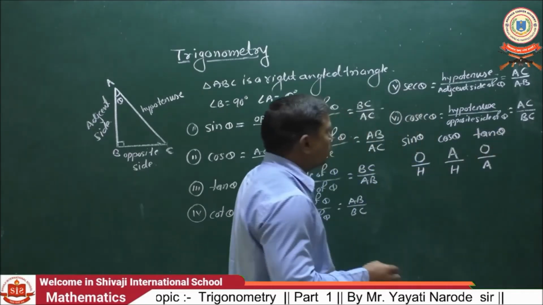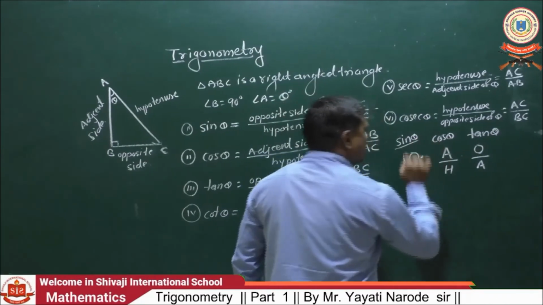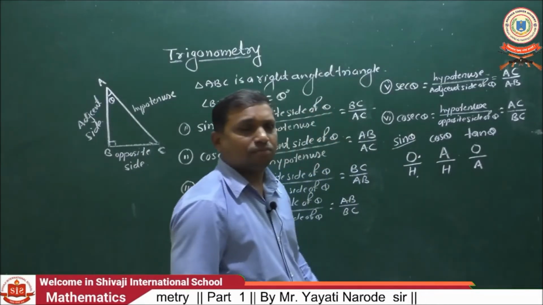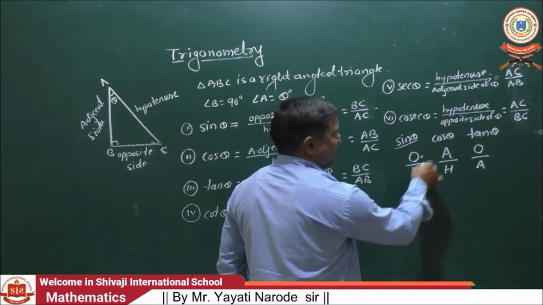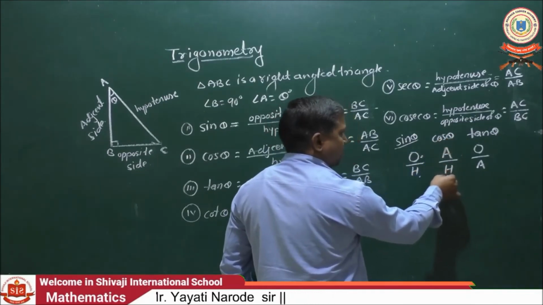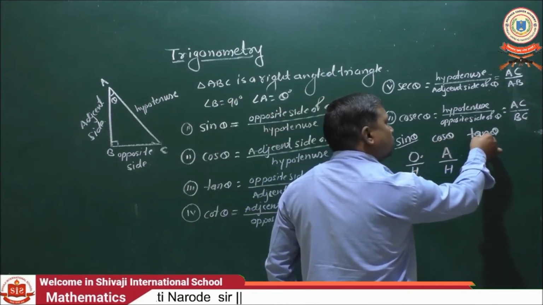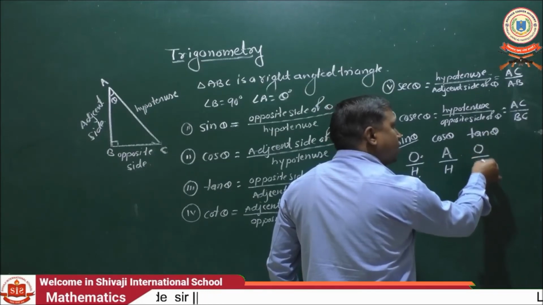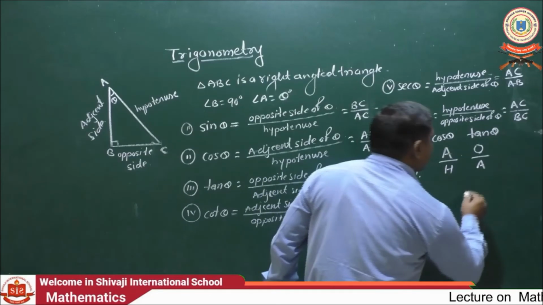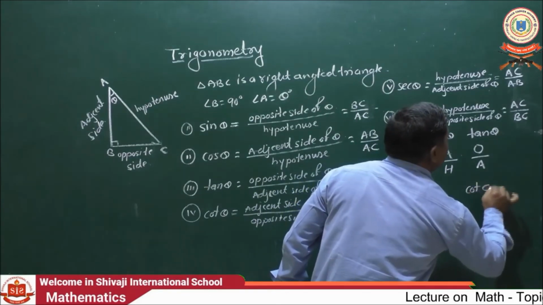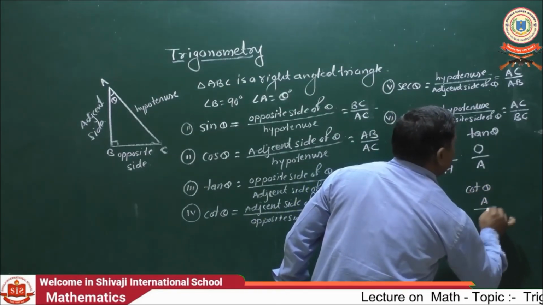Sin theta is O upon H, cos theta is adjacent upon hypotenuse, and tan theta is opposite upon adjacent. Similarly, the reciprocal of tan theta is cot theta, so cot theta is A upon O.